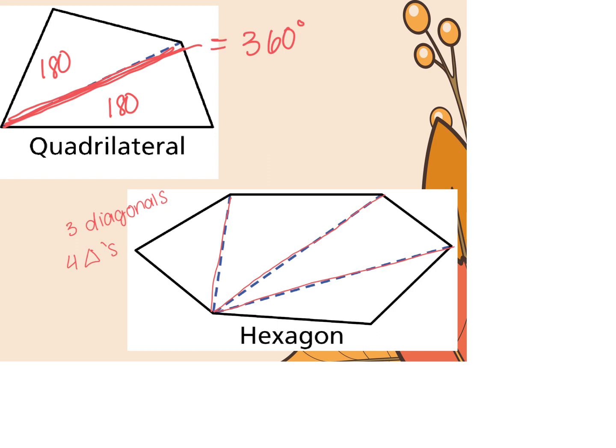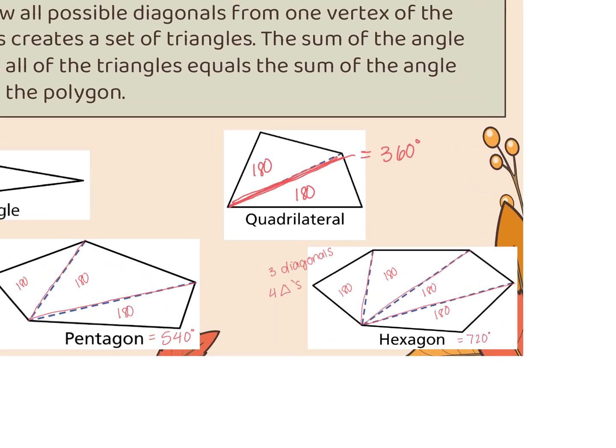So again, same thing we did before, 180, 180, 180, 180. Now I'm technically multiplying it times 4, and that's going to give me a total of 720 degrees. Now that's the interior angle measure.